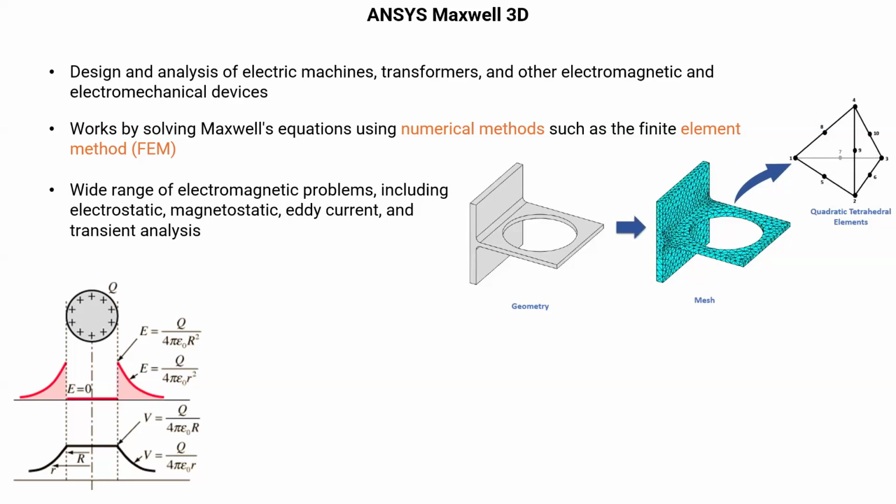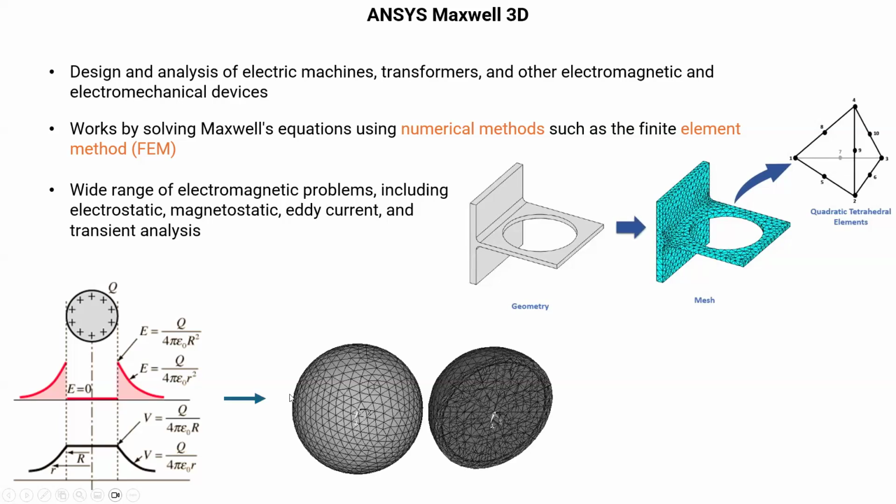So, for example, let us look at this system once again. The conducting sphere charged by a positive charge creates an electric field distribution like this. This is something that we know from analytics, right? Doing numerics, what we do is discretize this sphere using this mesh cell approach.